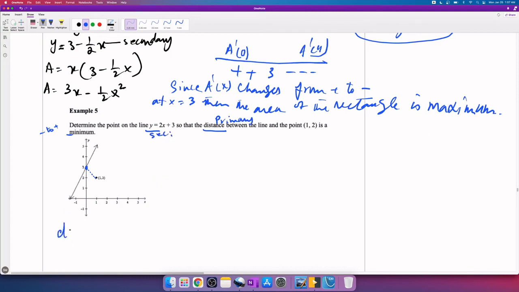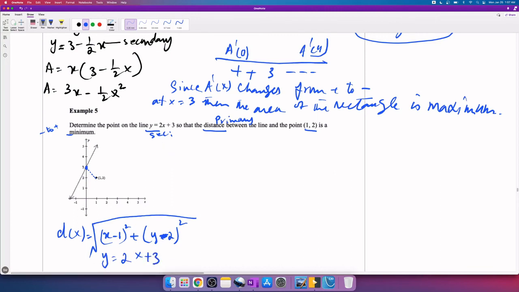So I got d of x equals the distance formula we already know: the square root of (x minus 1) whole squared plus (y minus 2) whole squared. So this is my distance formula. And my other one is y equals 2x plus 3, the secondary one.